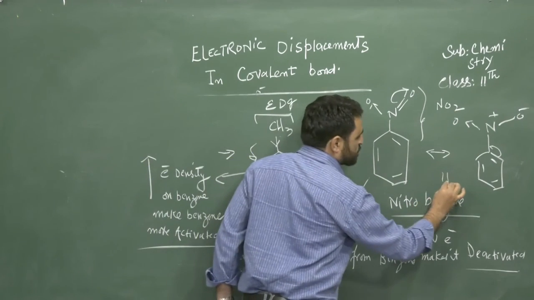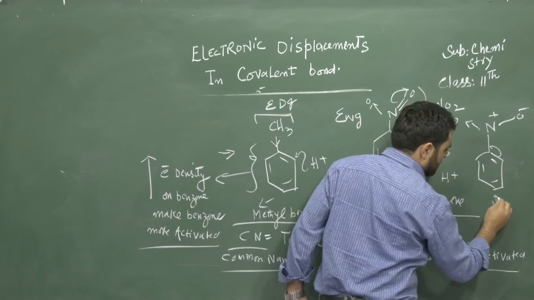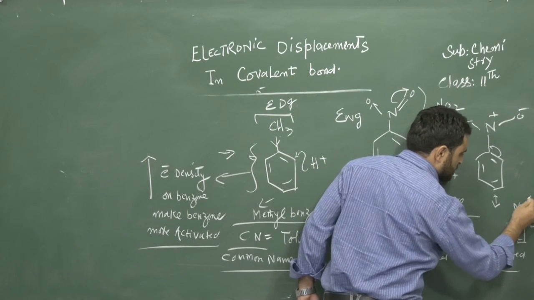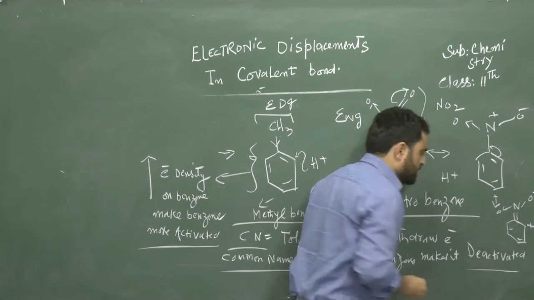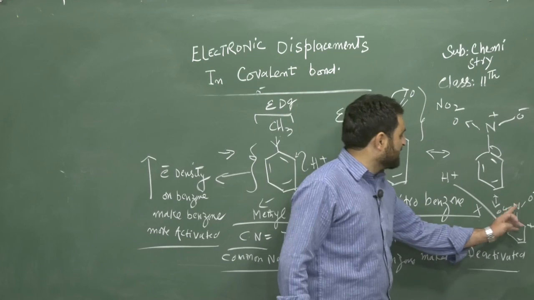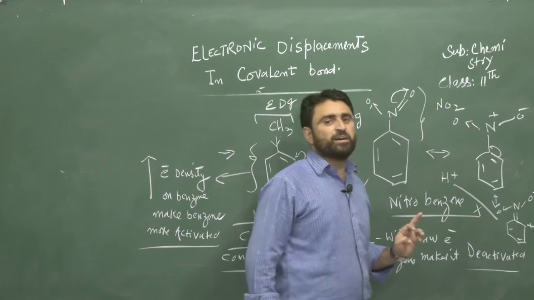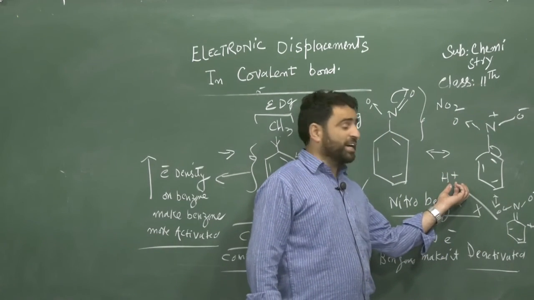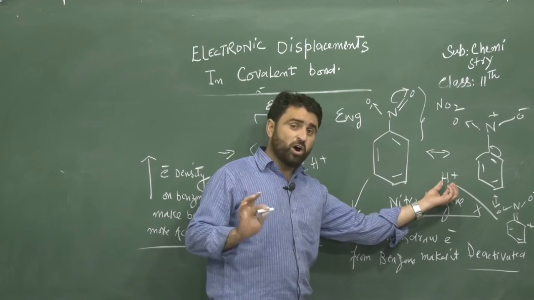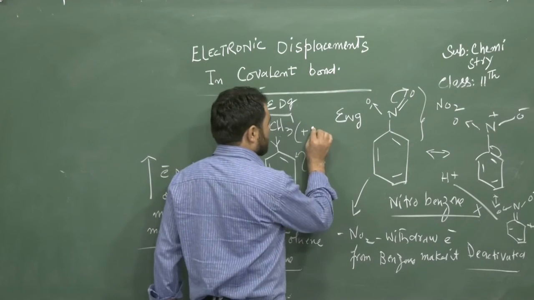But here, the benzene electron moves towards NO2, and here is a new structure: positive, double bond, negative, and positive. This means H positive does not attack, because NO2 makes this benzene deactivated towards H positive attack.